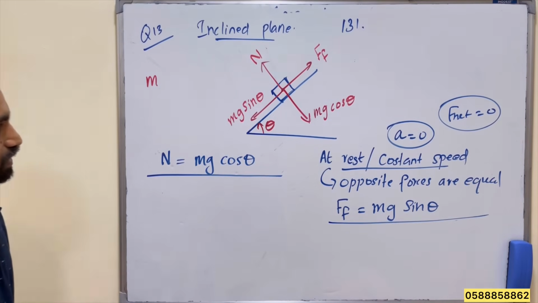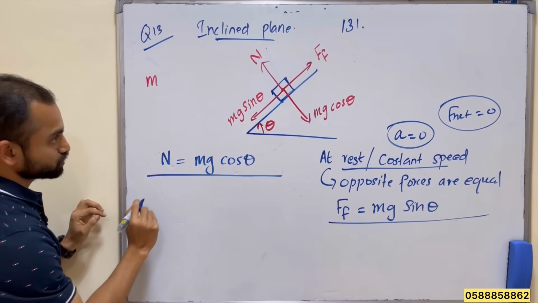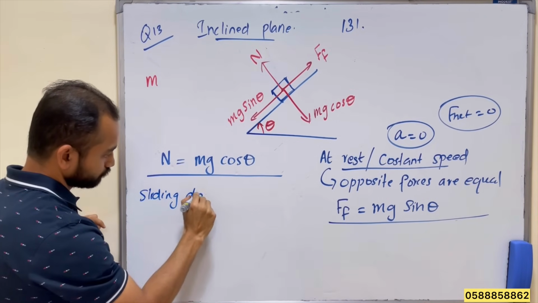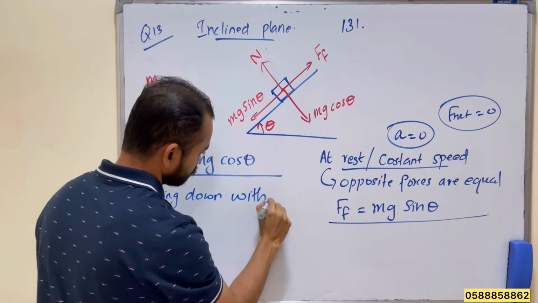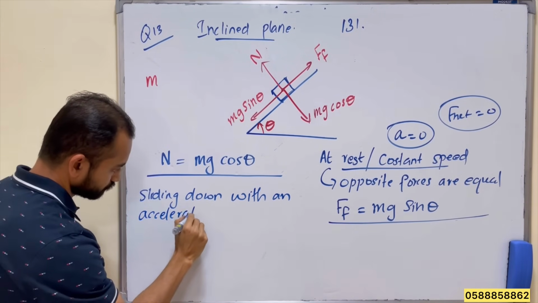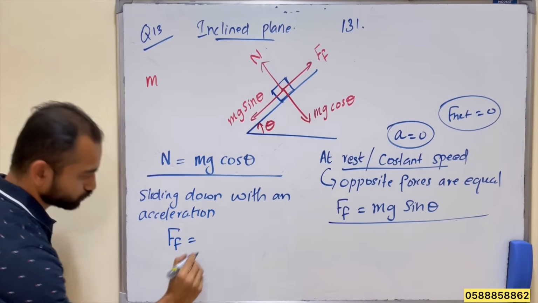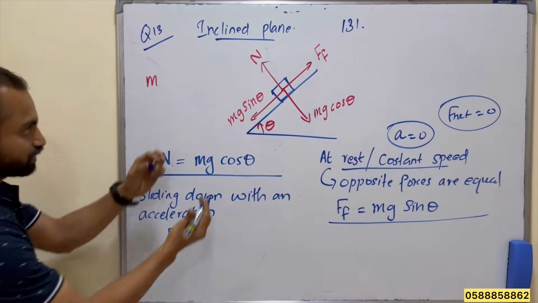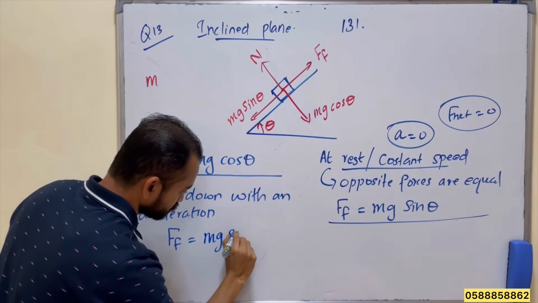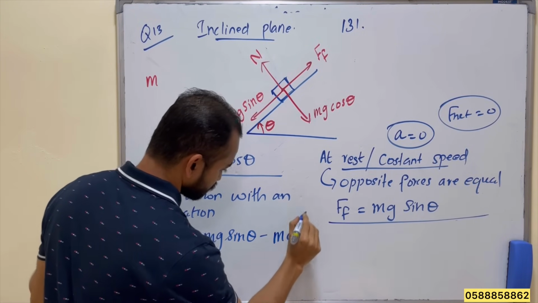What is the other situation? It can be sliding with an acceleration. If the block is sliding down with an acceleration, meaning speeding up, then the frictional force is equal to mg sin theta, the force which caused the motion, minus mass multiplied by acceleration.